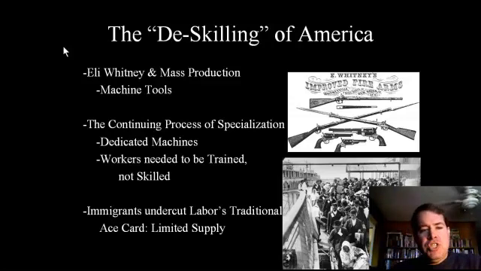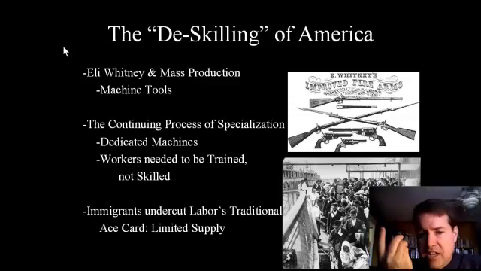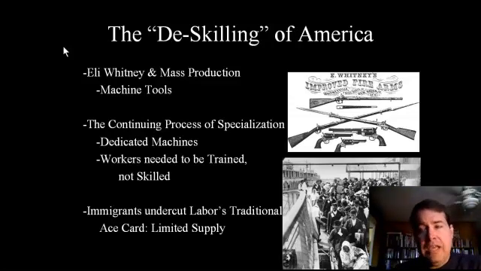These dedicated machines, as they become known, no longer need skilled workers, they need trained workers. There's a difference. A skilled worker knows how to make this thing start to finish. A trained worker is nothing more than a trained monkey pressing out these parts.